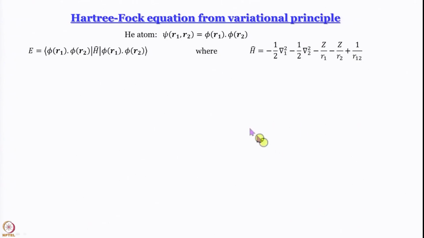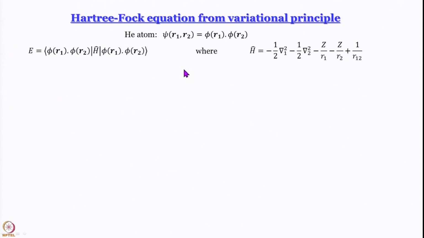Let us just plug in this expression for the Hamiltonian in the expression for energy and see what we get. How many terms will we get? 1, 2, 3, 4, 5. What is the first term? Integral phi r1 phi r2, left multiplying minus half del 1 square operating on phi r1 phi r2.